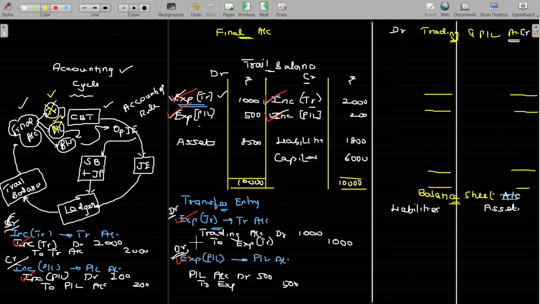This one right here, I'll just put a tick mark here: expenses related to trading and expenses related to the P&L account. So the leftover thing is the trading account, am I right? That trading account will go to the trading account, which side? To expenses.